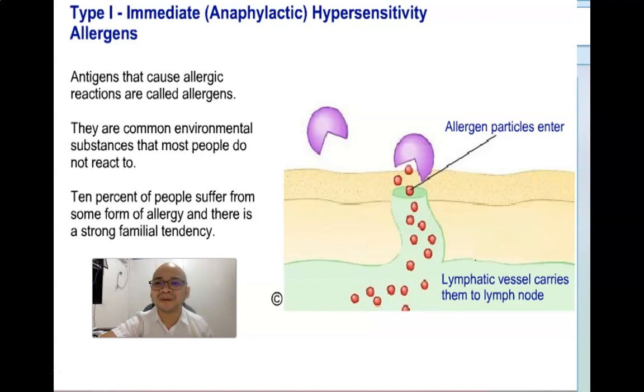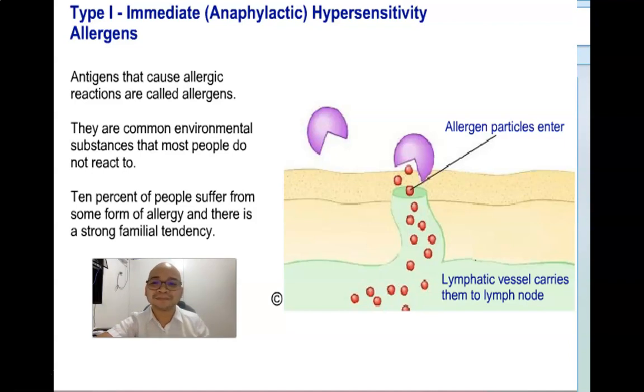They are common environmental substances that most people do not react to, but some people are quite sensitive when it comes to pollens, for example, or dust particles. About 10% of people suffer from some form of allergy, and there is actually a very strong familial tendency.